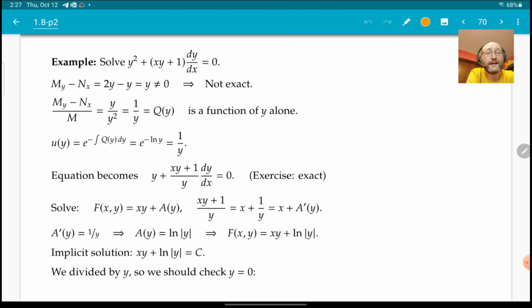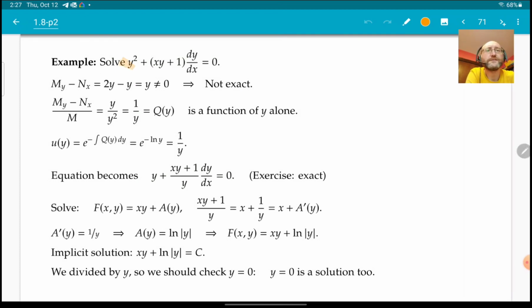And here, maybe, leave it there. We divided by y, so we should check y equals 0. Because maybe y equals 0 is a solution to this equation that wouldn't be a solution for the other equation, because it doesn't make sense. So is y equals 0 a solution? Yes, it is.